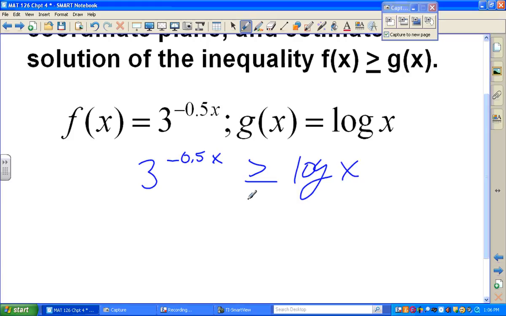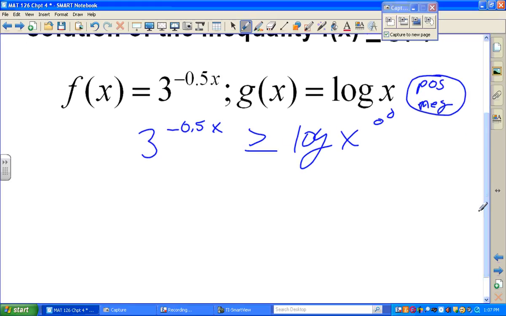Some people are very adamant about graphing this equation. I think of it as, do I want to work with positive numbers or negative numbers? I like to work with positive numbers. So I'm going to take everything to the left side. 3 to the negative 0.5x minus log of x.